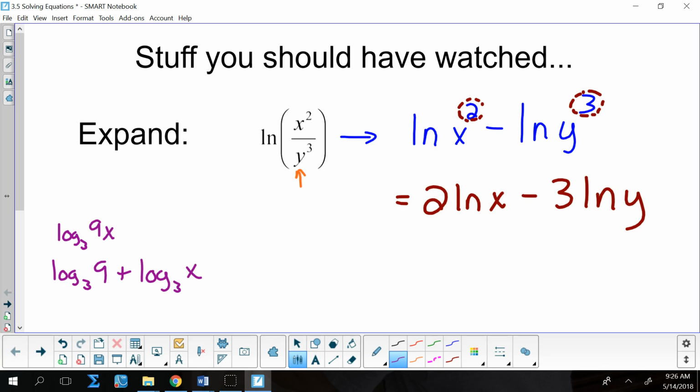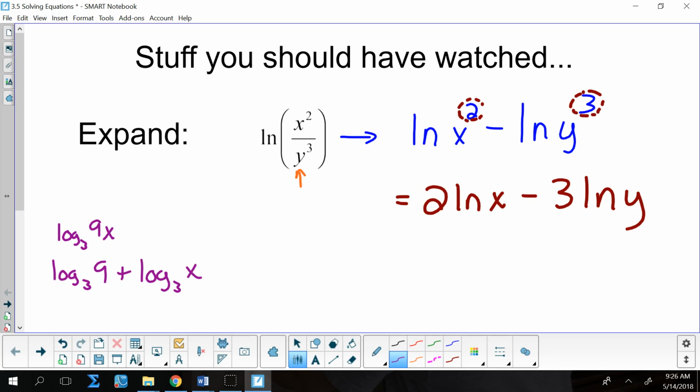I can't do anything with log base 3 of x because I don't know what x is, but whenever I've got a number in a log, I'm always thinking, what exponent can I put on my base that gives me that argument?